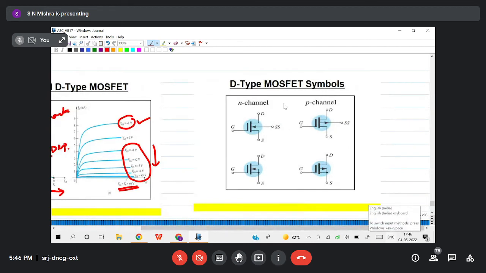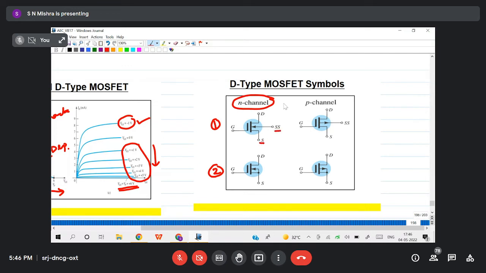Now like the transistor and JFET, here there is also a symbol. Instead of the structure, we can use this symbol, because when you make the circuit diagram, if you draw the structure, it is more complicated and takes more space. So we should use the symbol. For N channel, these two, this is 1, this is 2. What is the difference here?